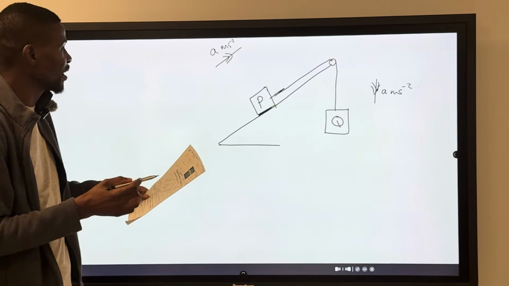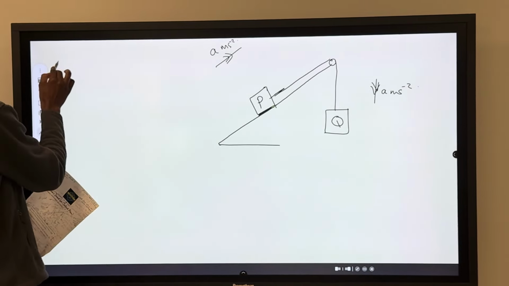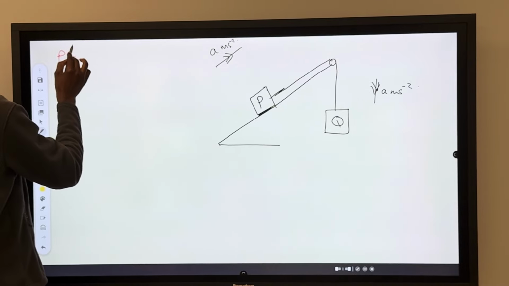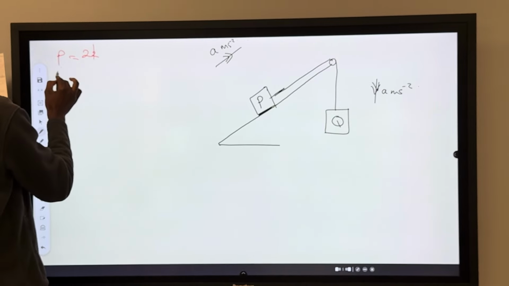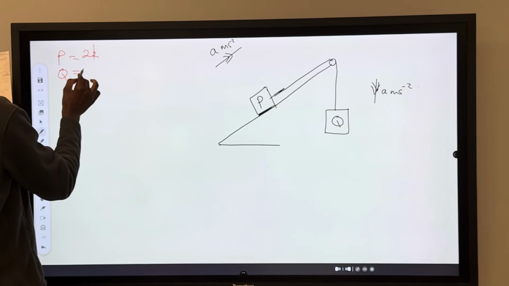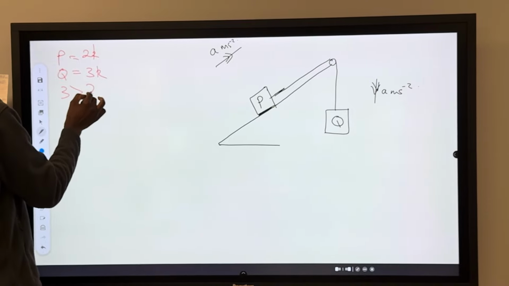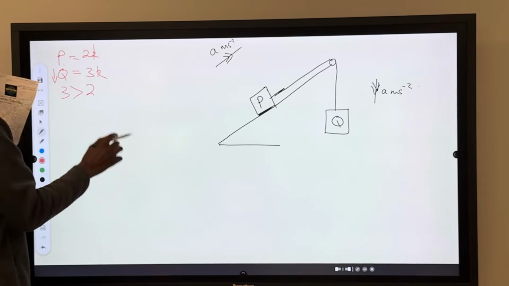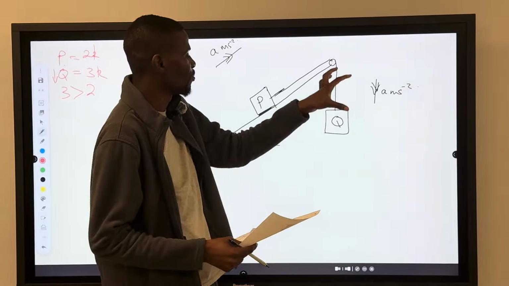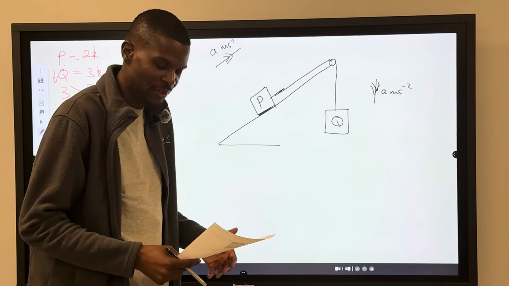So as you can see, P weighs 2 kilograms and Q weighs 3 kilograms. So 3 is more than 2, hence Q is going down. So once Q moves down, it means P is moving up.